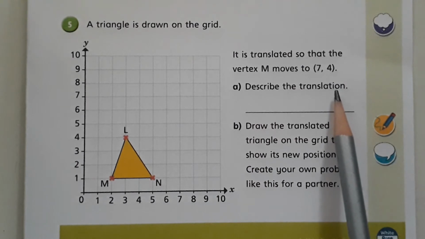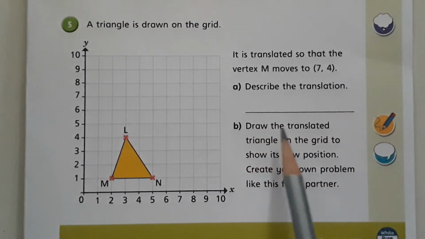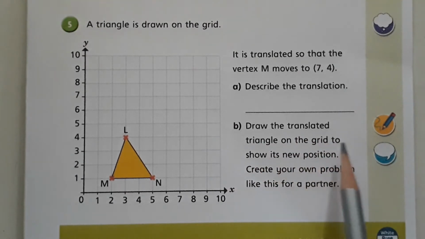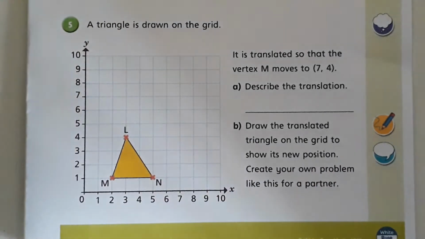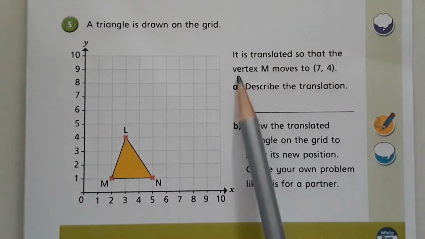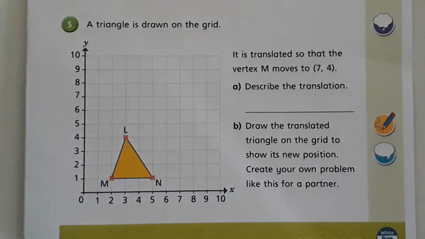Describe the translation and then draw the translated triangle on the grid to show its new position. And then it says create your own problem like this for a partner. Okay, so we're going to start with it is translated so that the vertex M moves to 7, 4.